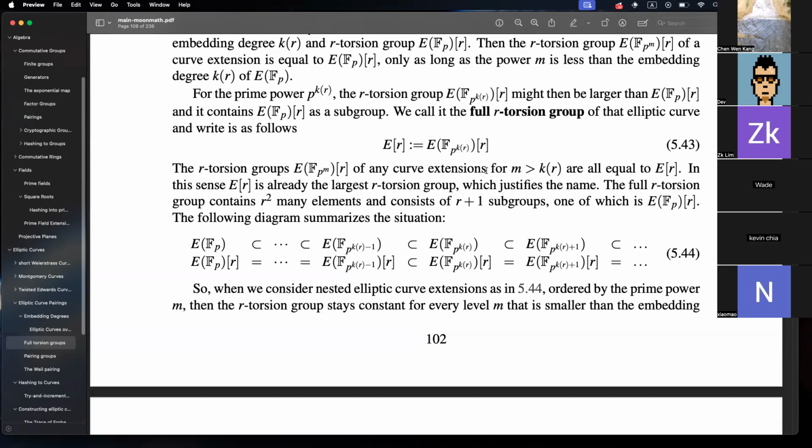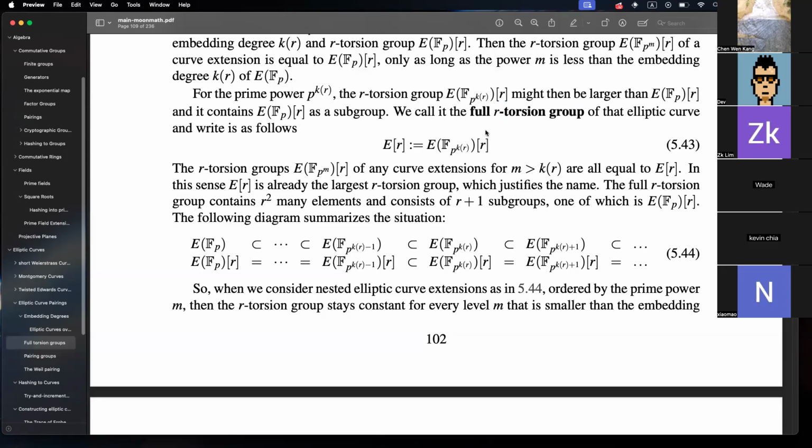I believe it contains all the possible points in the specific R torsion group, if I'm not wrong.